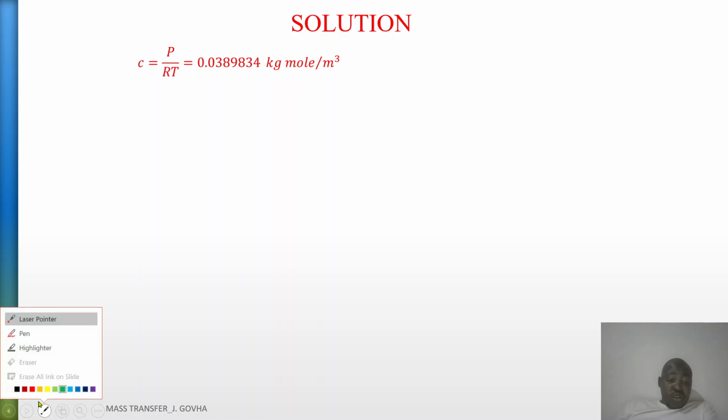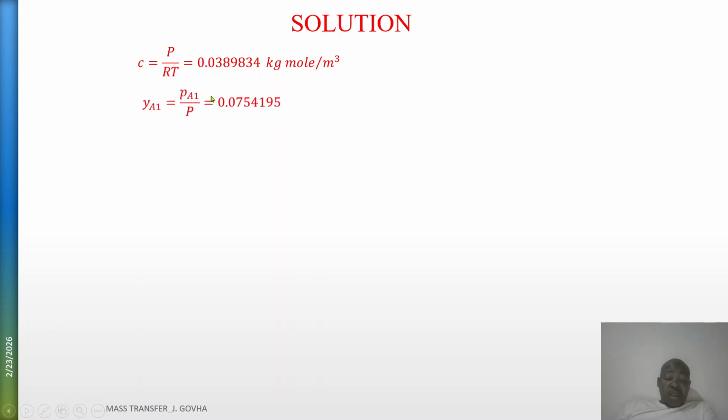Then moving on, our mole fraction is given as YA equals PA over P. Remember this value is given as 7.64 kilonewton per square meter.